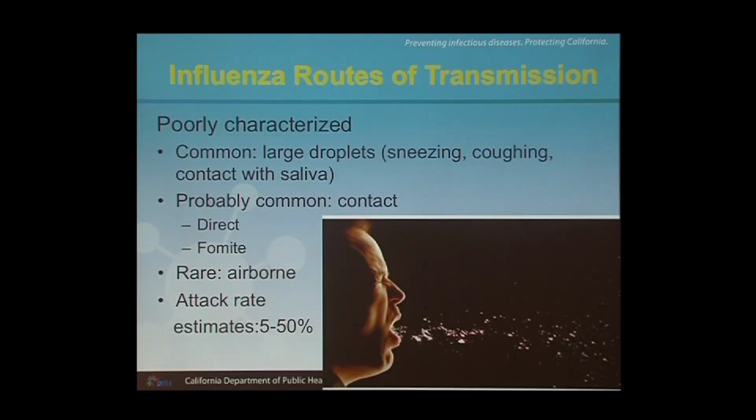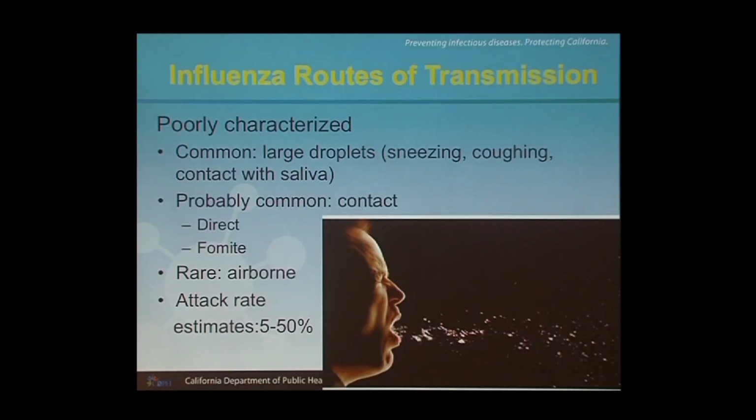This is an infection transmitted by large droplets, so within a 6 feet radius of an infected person, if they're coughing or sneezing, they may be spewing out large droplets that can transmit the virus to other persons. Airborne means you have smaller particles that can suspend in the air and stay around a little longer. We think of tuberculosis as being airborne.